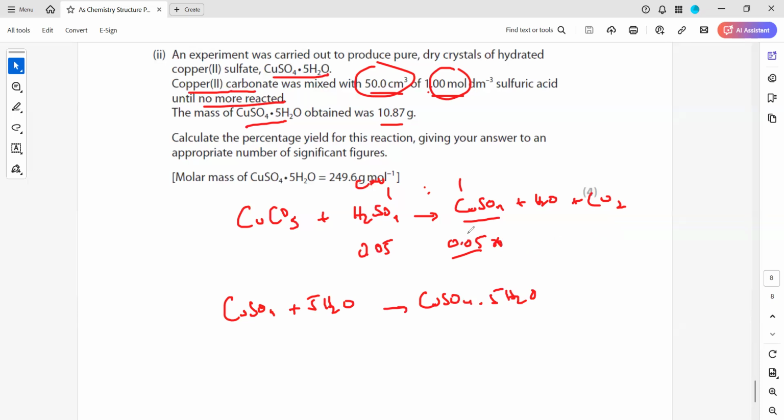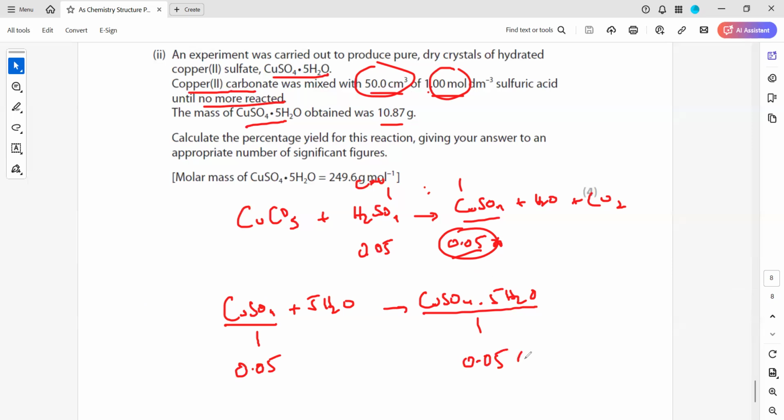So we got the moles of copper sulfate. From moles of copper sulfate, we'll find the moles of hydrated copper sulfate. So the ratio is 1 to 1 between them as well, because 1 mole of anhydrous copper sulfate will give us 1 mole of hydrated copper sulfate. So if we were having 0.05 moles of copper sulfate, we'll get the same moles of hydrated copper sulfate.